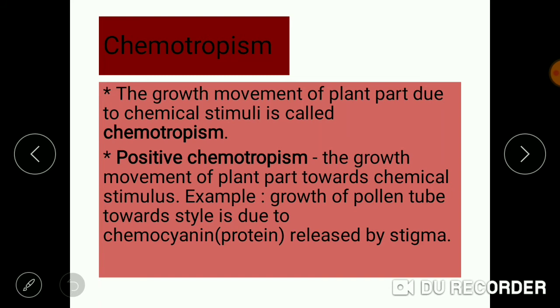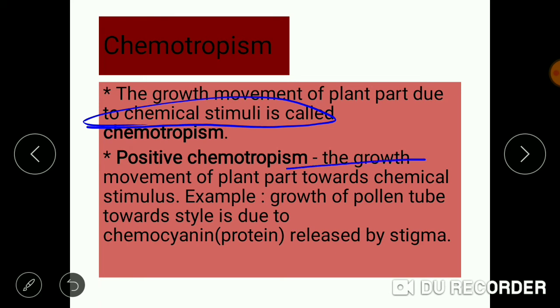Another type of tropic movement is chemotropism. The growth movement of plant parts due to chemical stimuli, due to chemical substances which act as a stimulus, is known as chemotropism. There are two types of chemotropism: positive chemotropism and negative chemotropism.